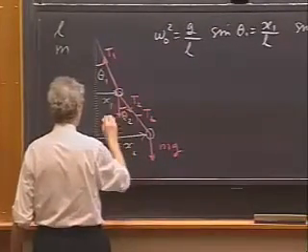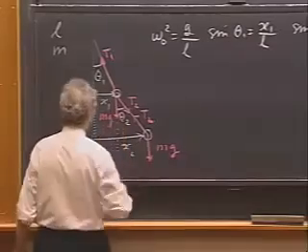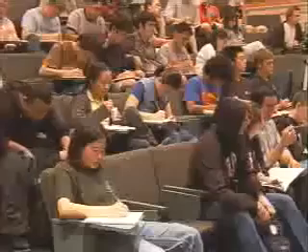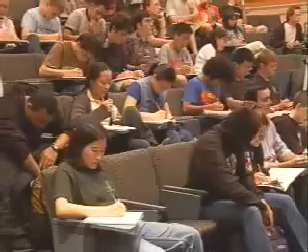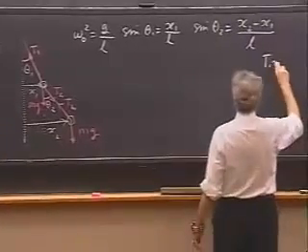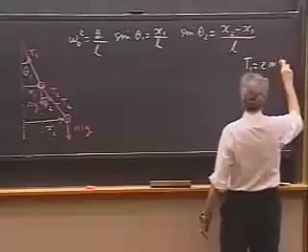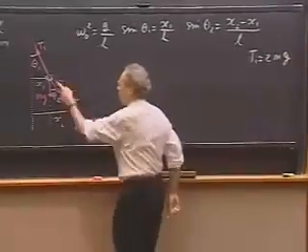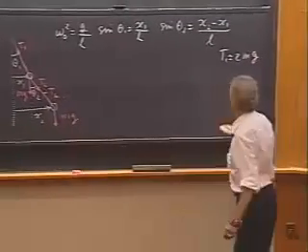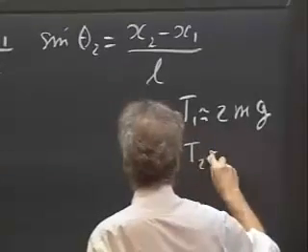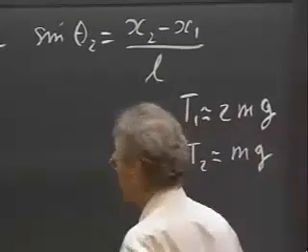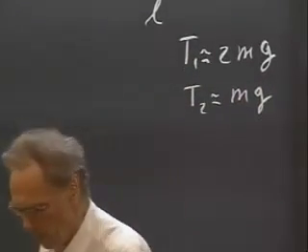And here is mg. Those are the only forces on these objects. At small angles, I do know that T1 must be approximately 2 mg, because it's carrying both loads, so to speak. And we know that T2 is very close to mg. And we're going to use that in our approximation.